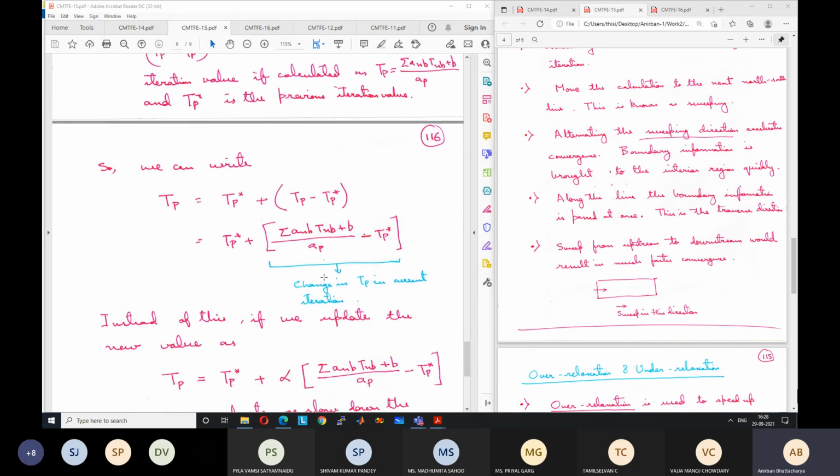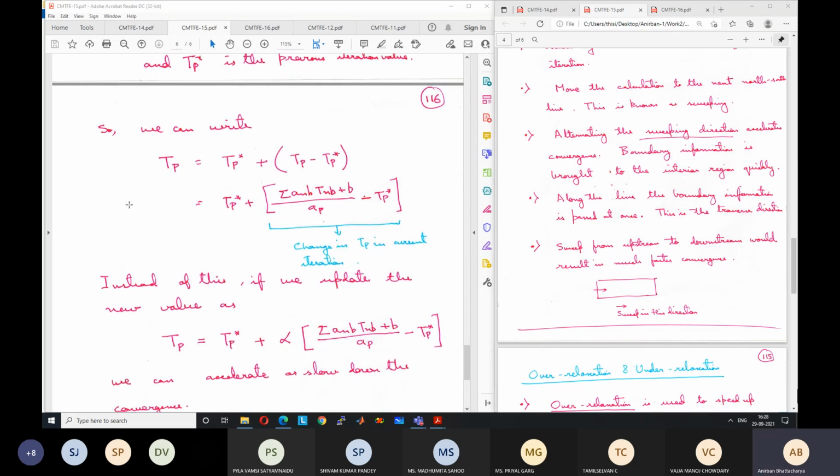Now if I do not add the exact change that should have occurred in the iteration, but add a weighted value of that, then we will get a value which goes towards the next iteration value, but with a different magnitude.